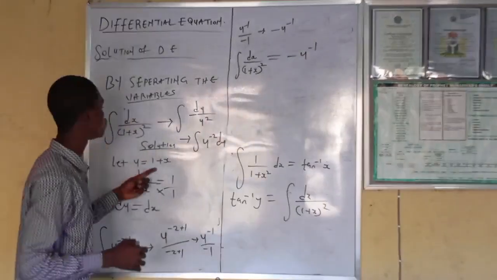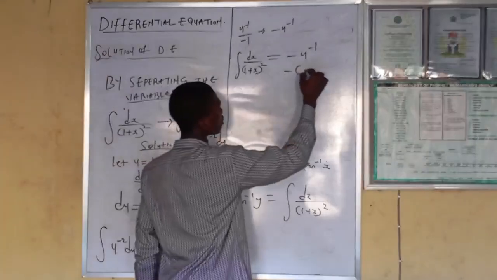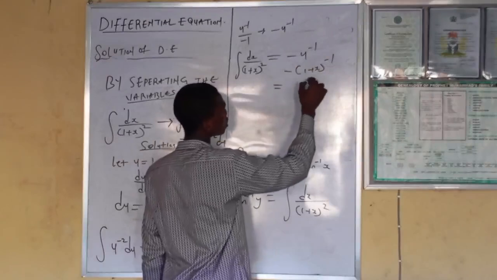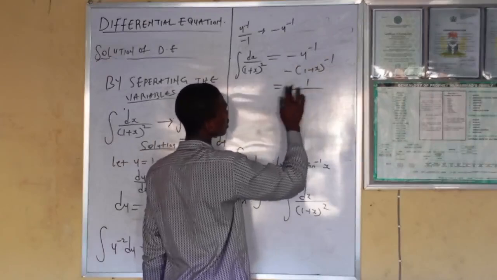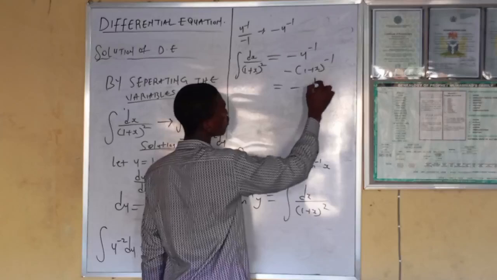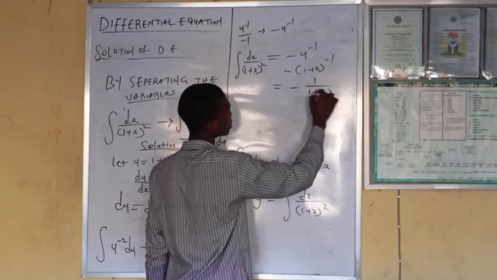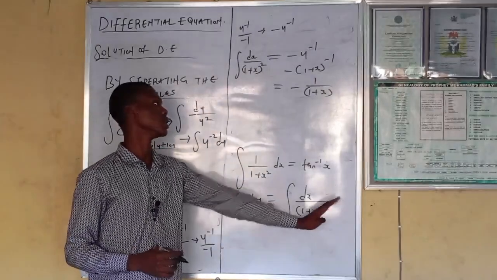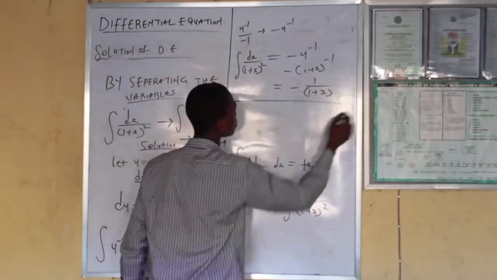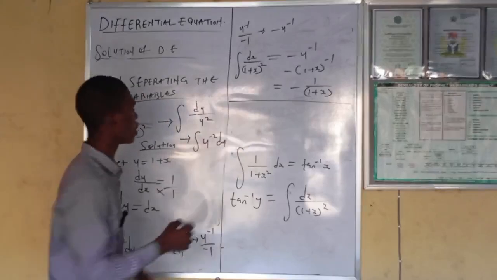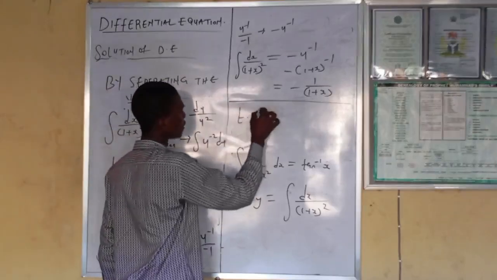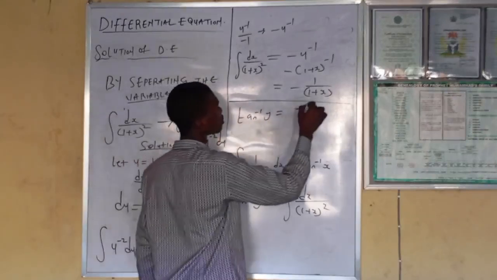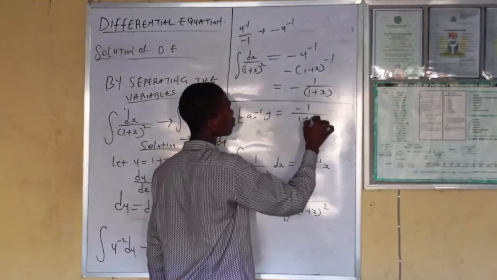And knowing your u to be 1 plus x, 1 plus x raised to the power of minus 1 is equal to 1 divided by 1 plus x, so negative 1 divided by 1 plus x. And from here, you've integrated the right hand side. Then substituting the value, you have tan inverse of y equals minus 1 divided by 1 plus x.